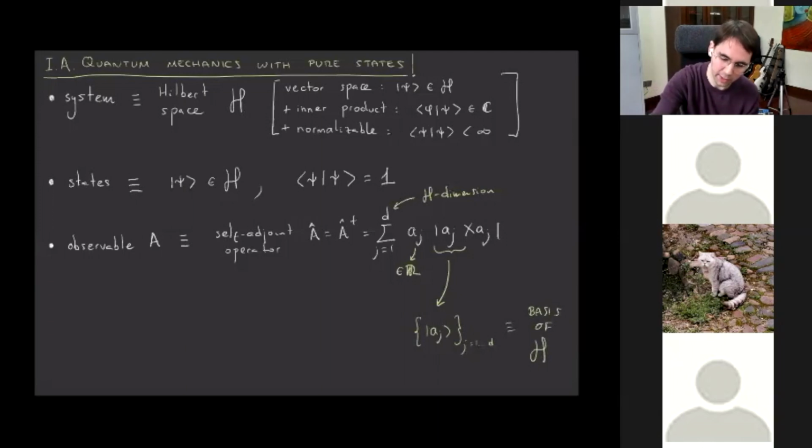By being a basis of the Hilbert space, what I mean is that first of all, they are an orthonormal set, as I already mentioned, and they form a resolution of the identity. So they span the identity in this way.